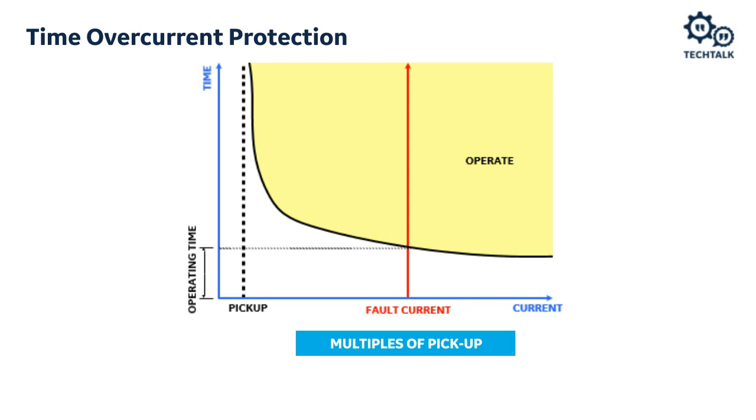There will also be a time dial setting. And so what this does is it allows us to coordinate with some other curves downstream or upstream. So again, this is time along the y-axis and pickup along the x-axis.